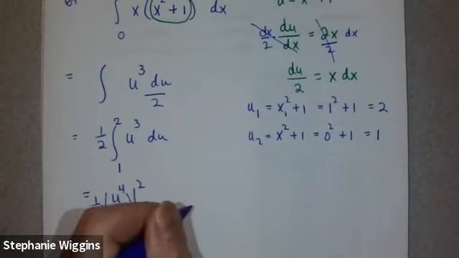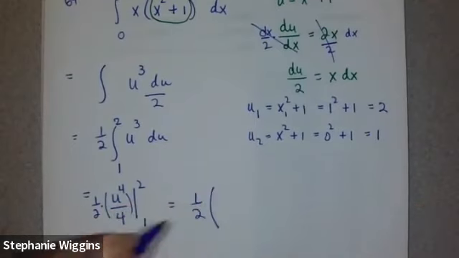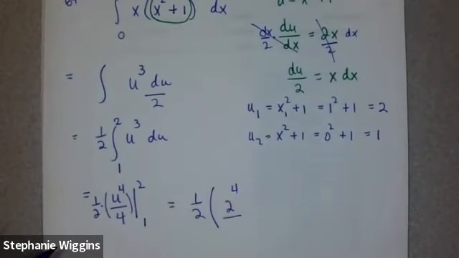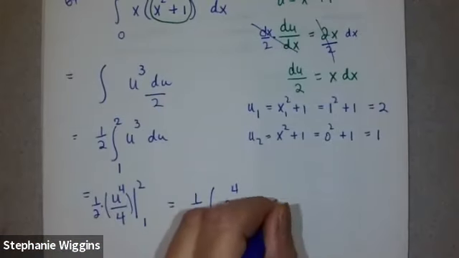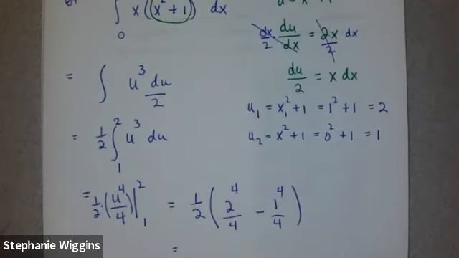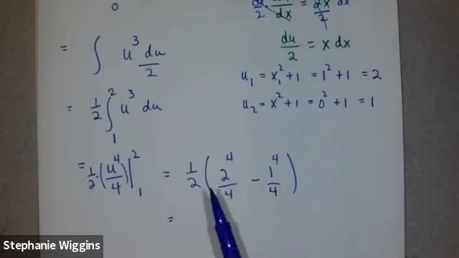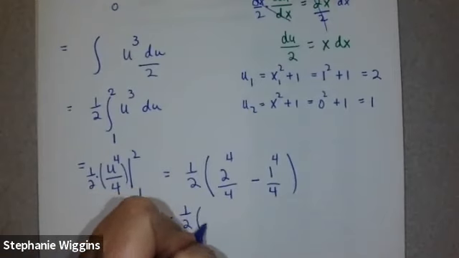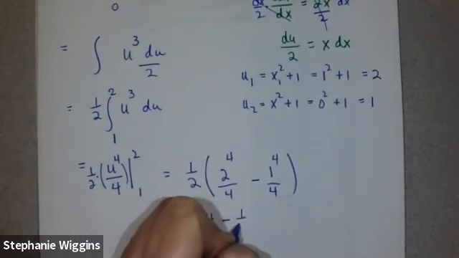So this is going to be 1/2 times (2 to the 4th over 4 minus 1 to the 4th over 4). So 2 to the 4th over 4, that's 16 divided by 4, that's 4.